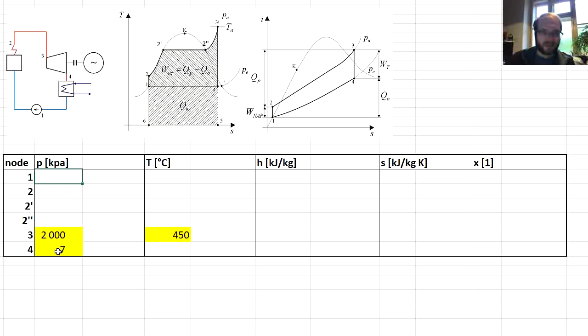So the same 2000 kilopascals, 2 bars, is also in here, here and here. Similarly, for the condenser there is also no pressure drop, so points number 4 and 1 will both be at 7 kilopascals. So we have the pressures in all nodes of the system.